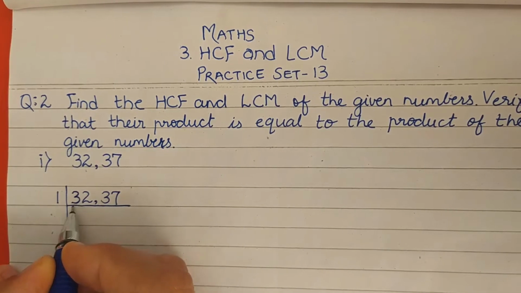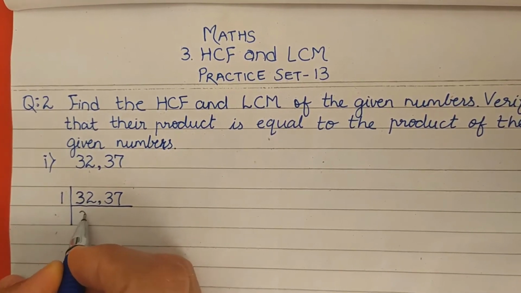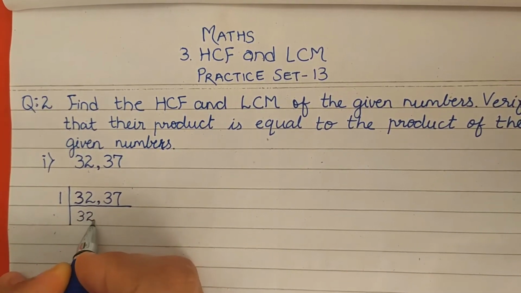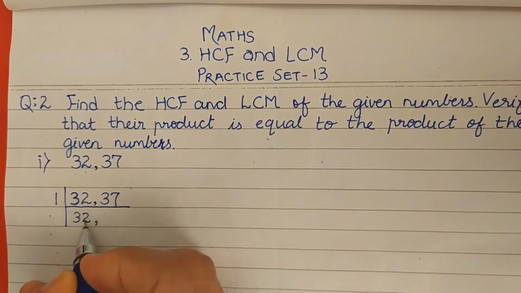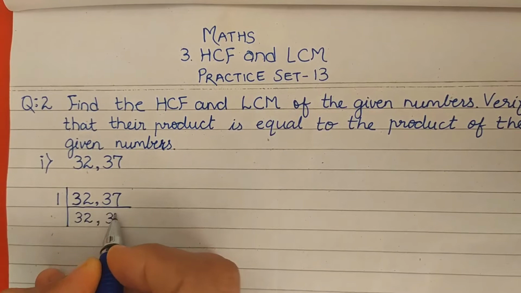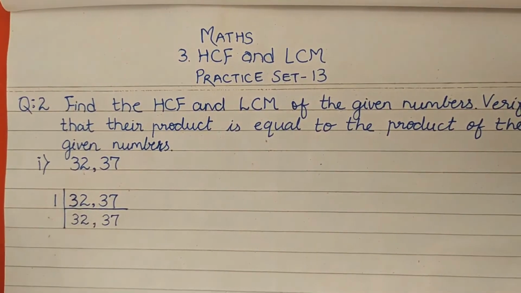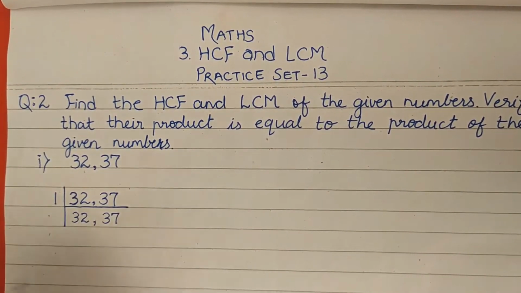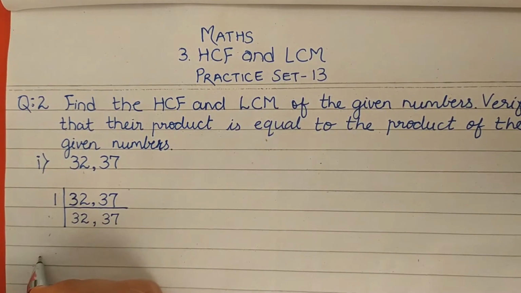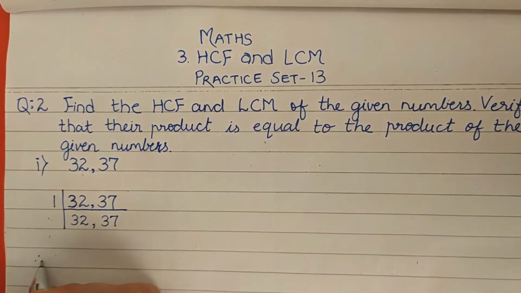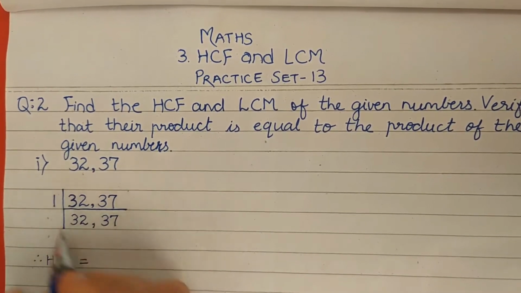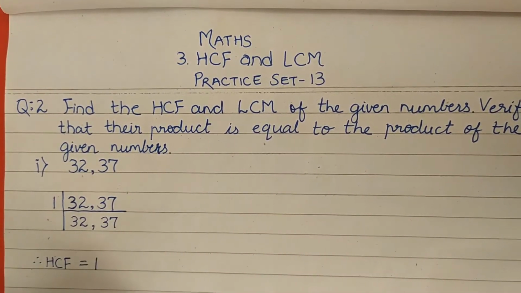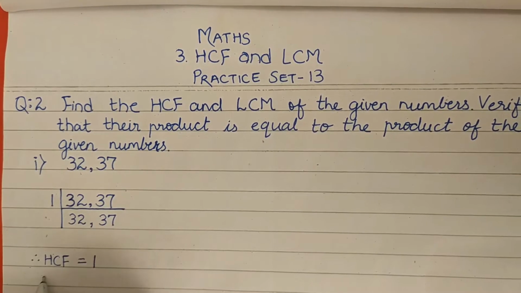So 32 into 1 is 32. 37 into 1 is 37. Now we can proceed towards writing HCF. Therefore, HCF is equals to 1.